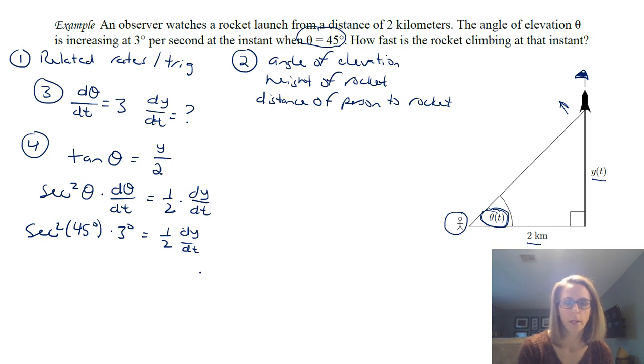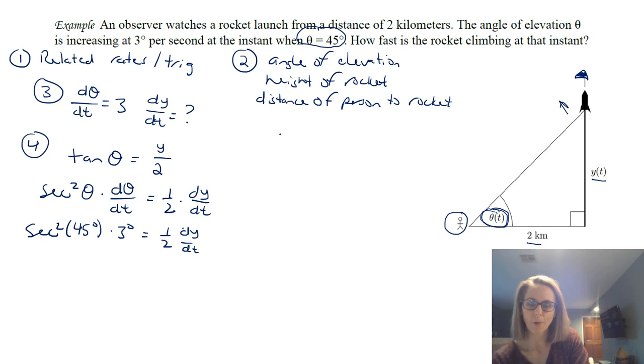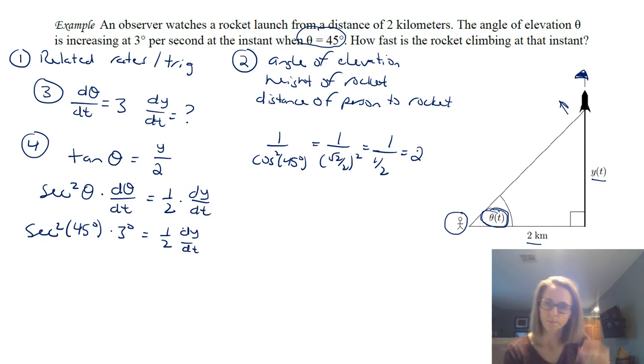So the idea here is you have 1 over cosine 45 degrees squared, and that is 1 over root 2 over 2 squared. And so that's going to be 1 over 2 over 4, which is 1 over 1/2, which is 2. Okay, pausing. What is wrong here? Hold on.